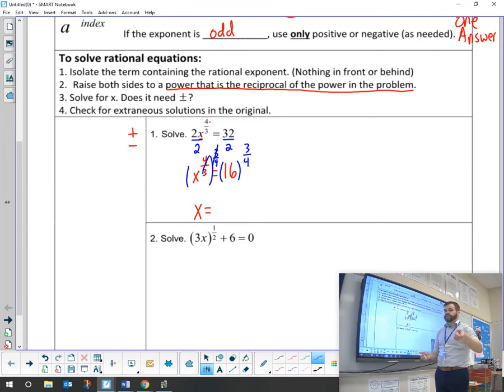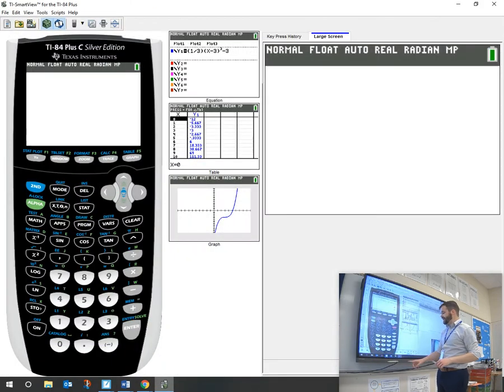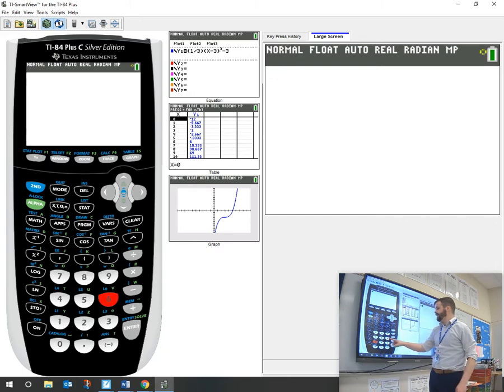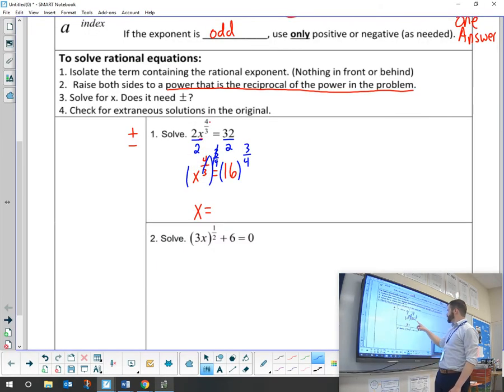Well, remember, we talked about how we can convert things that are written like this into roots. However, you don't have to do that. You can pull up your handy dandy calculator. Remember, if you don't have your calculator downloaded onto your Chromebook, do that. The link is on the home page of my Canvas class. Okay, so we're going to take 16 and raise it to the power of 3/4.